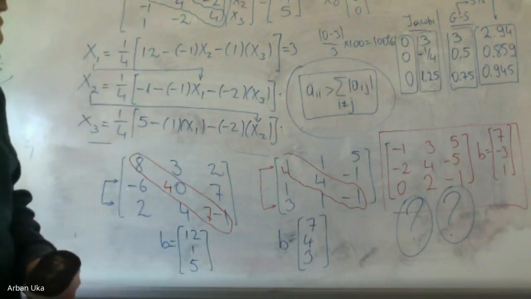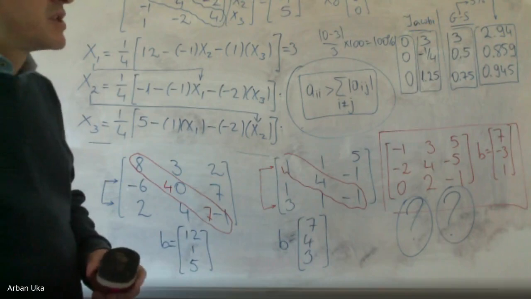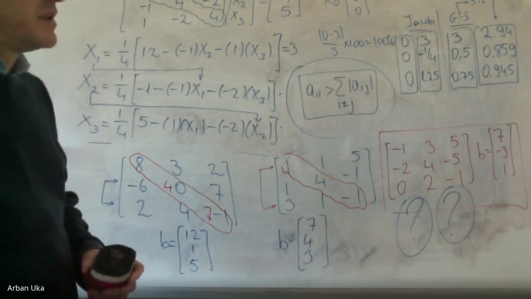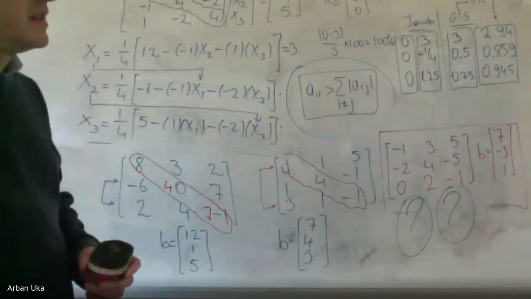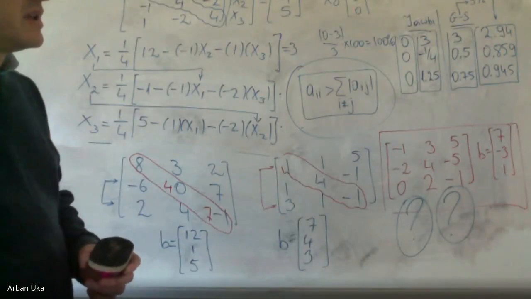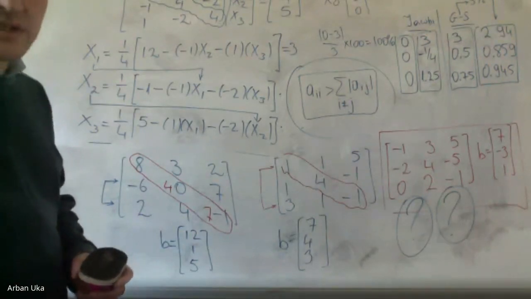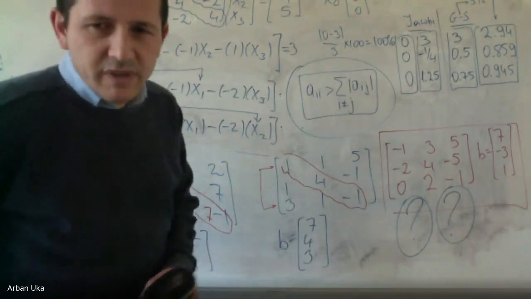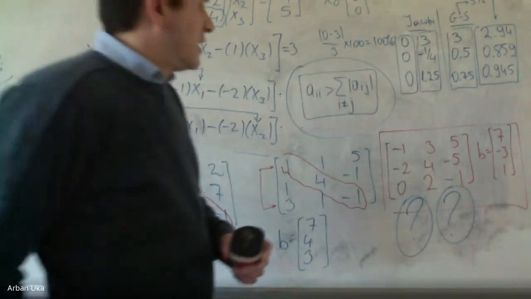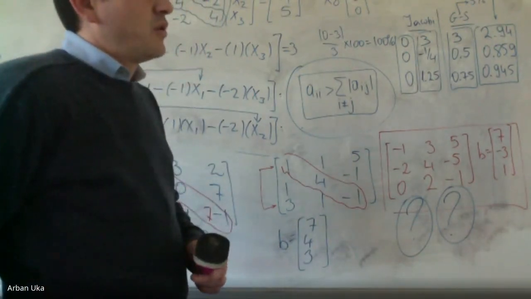Let me think. Actually, multiplication by a constant number, we don't like it that much, Arioli, because it's not an elementary row operation.